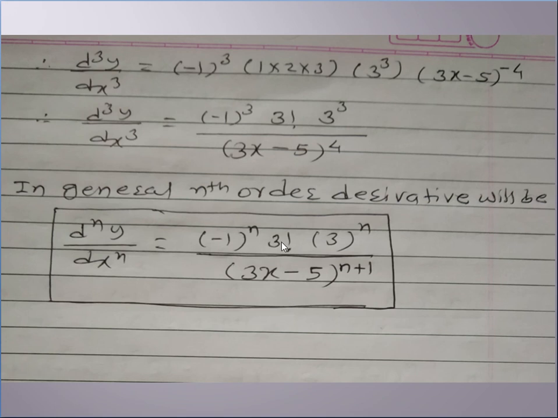Here in the nth order derivative, instead of 3 we can write n factorial. Therefore, d raised to ny upon dx raised to n is equal to minus 1 raised to n into n factorial into 3 raised to n upon 3x minus 5 bracket raised to n plus 1. This is the nth order derivative of the function 1 upon 3x minus 5. Okay, thank you.